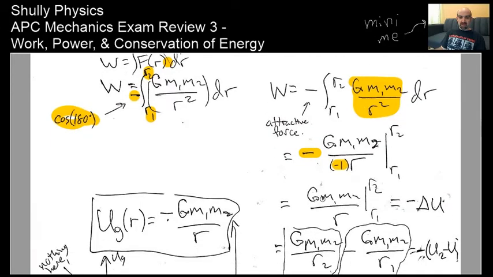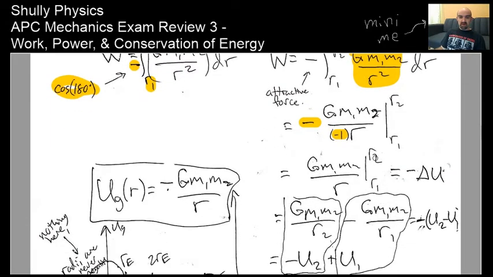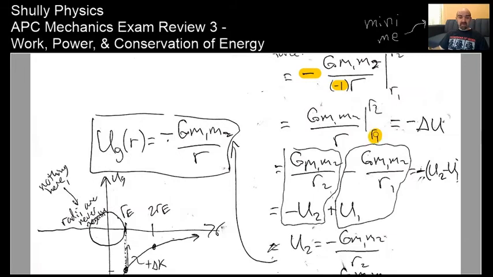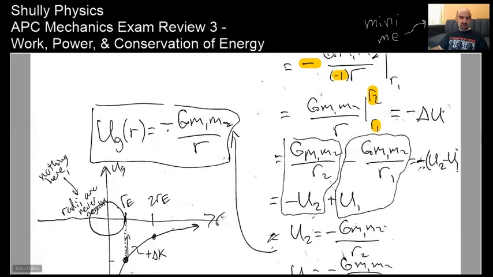And we get a G m1 m2 over r. And now we're going to apply our bounds r1 and r2 to get G m1 m2 over r2 minus G m1 m2 over r1. Now since that's the work done in lifting up, what are we doing? We might be launching off from the surface of the Earth, from let's say the radius of the Earth to 2 times the radius of the Earth. So from a smaller number to a greater number.